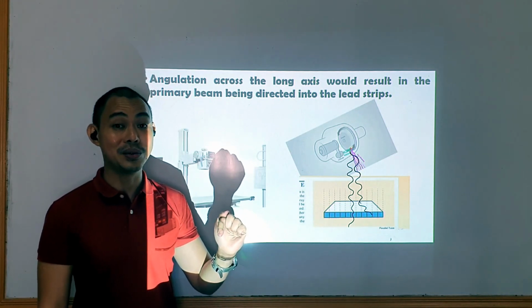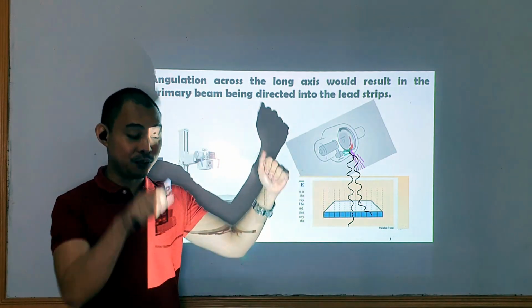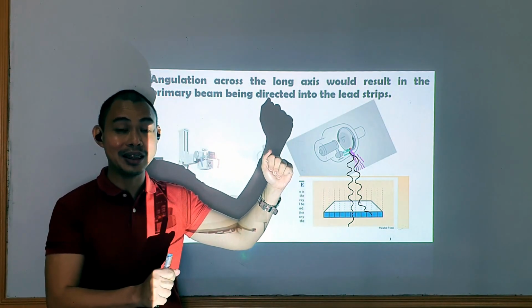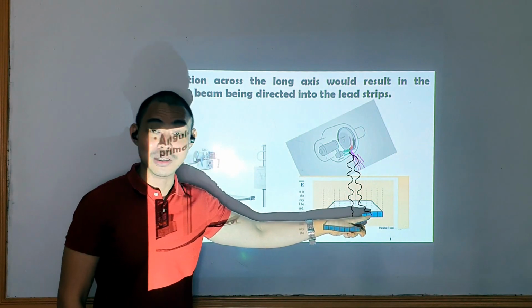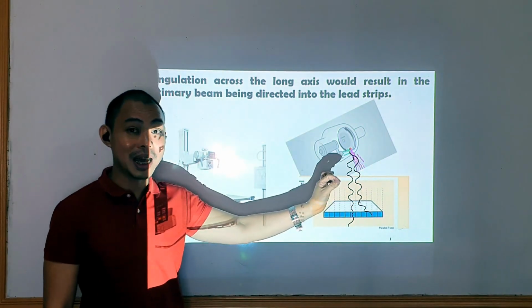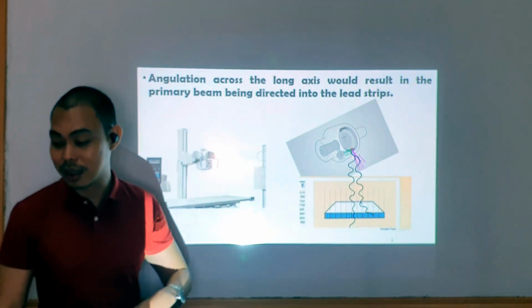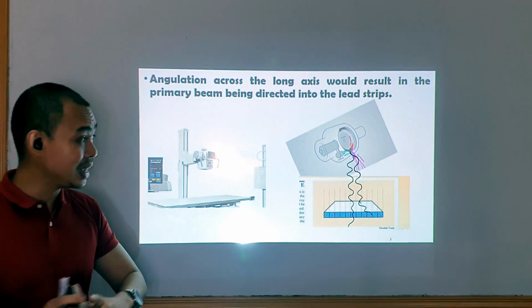It will decrease, because instead of passing through the interspace material, if you angulate it, it will now hit the lead strip, right? Therefore, if it hits the lead strip, it will not go to your image receptor. So the exposure to your image receptor will be decreased.